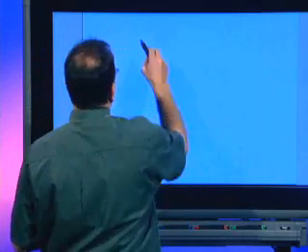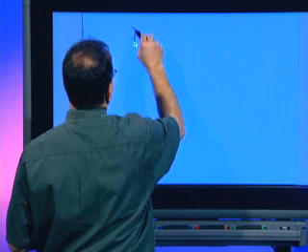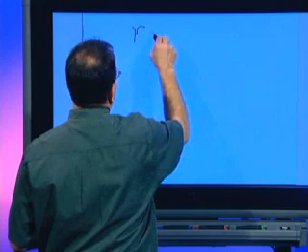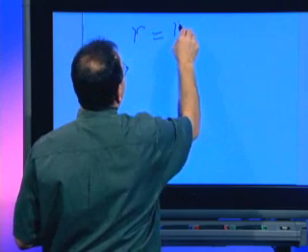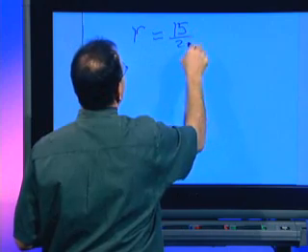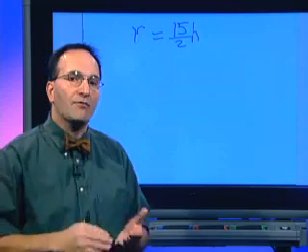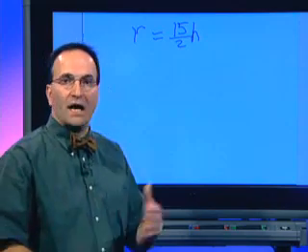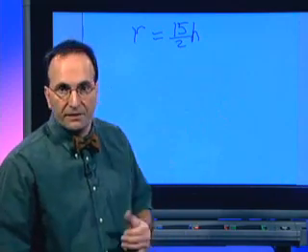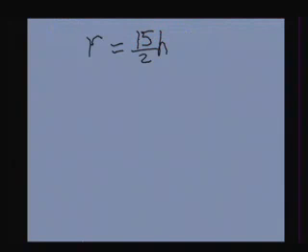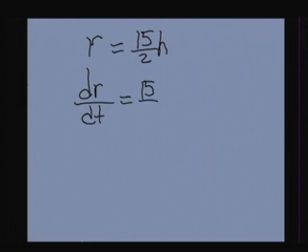So let me show you that. We have the formula for the radius, r equals 15 over 2 h. And now what we want to know is how fast is the radius changing with respect to time. So all we need to do is differentiate this. So dr dt is going to equal 15 halves dh dt.